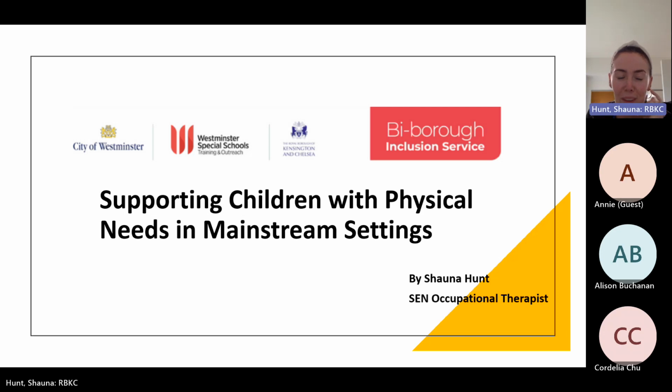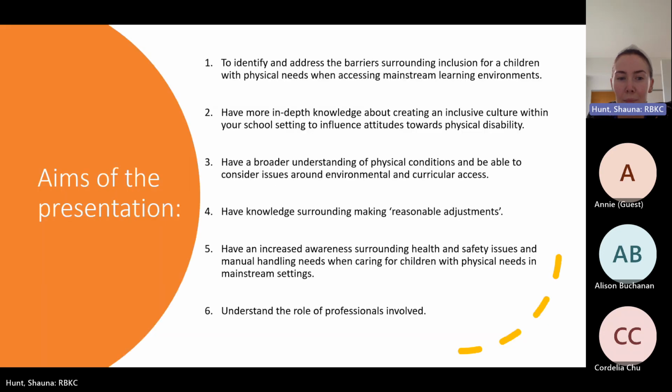Welcome to Supporting Children with Physical Needs in Mainstream Settings. The aims of the presentation today are to be able to identify and address the barriers surrounding inclusion for children with physical needs when accessing mainstream learning environments.